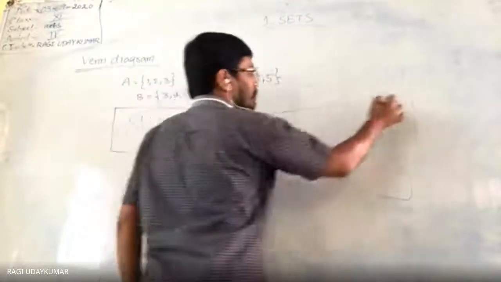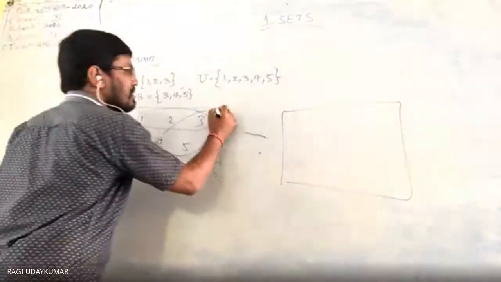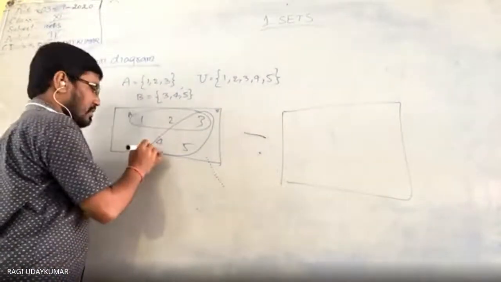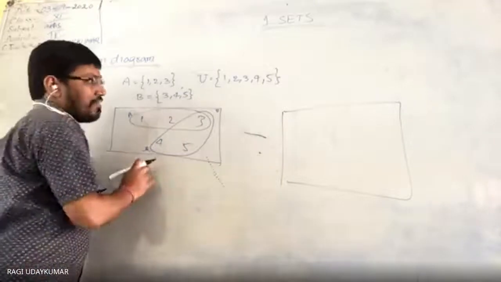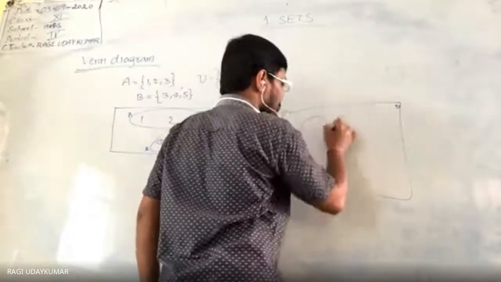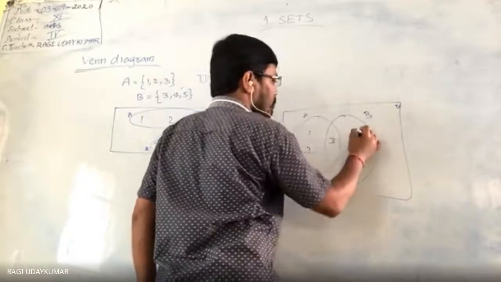This is the universal set, and the corner here will be written like this. This is set A, this is set B. But instead of writing like this, it can be written like this. See, the same representation: here A, here B, here 1, 2, 4, 5.